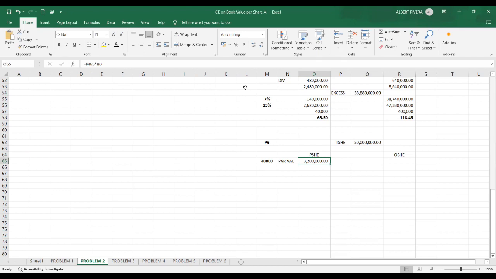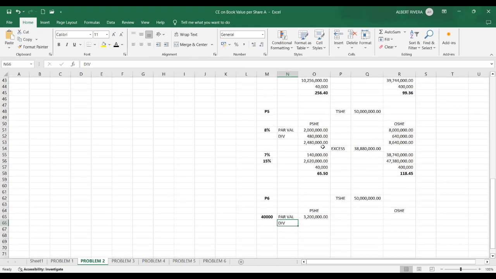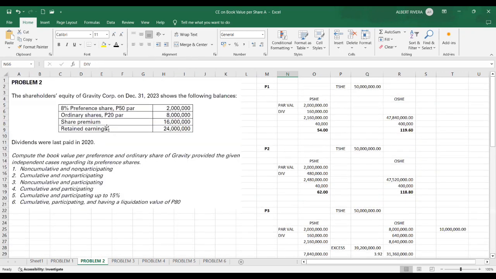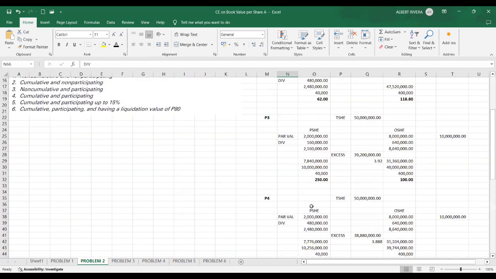Okay? Then, cumulative daw, so provide dividend. But the dividend would be based on the par value. And the par value here is 2 million, di ba? 2 million times 8% times 3.